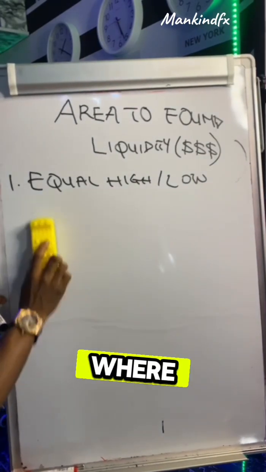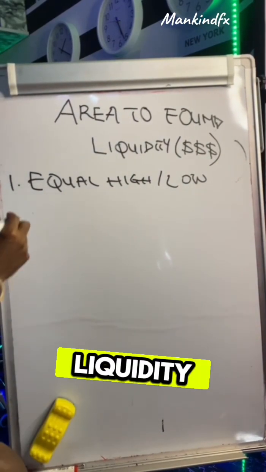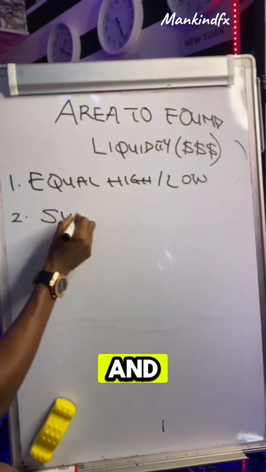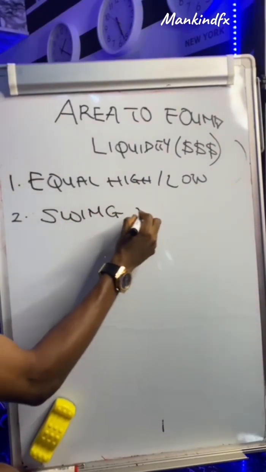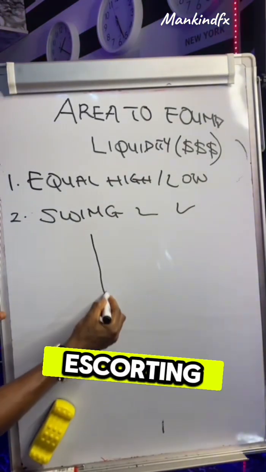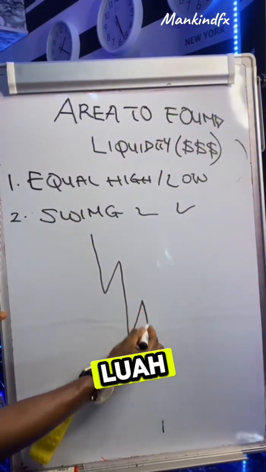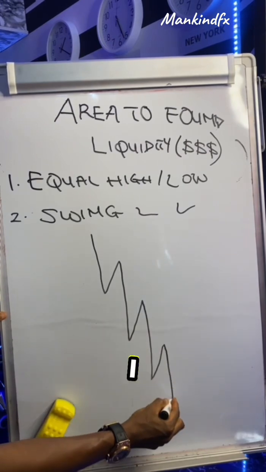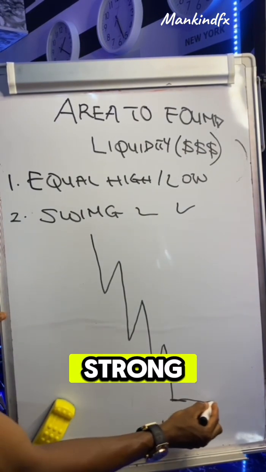The second area where you can find your liquidity is your swing high and low. In this kind of scenario, let's say price has been going down for a while, creating lower high, lower low, lower high, lower low, and we see price at a very strong support zone.